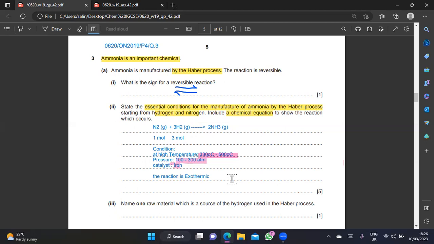Okay, next question. Also, this is a fact as well. Name one raw material which is a source for the hydrogen used in Haber process. In other words, where do you get the hydrogen from? You can get the hydrogen from water, yeah.